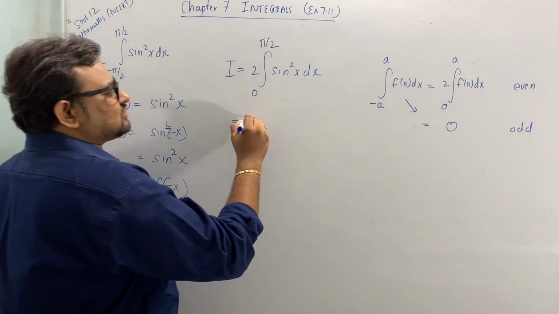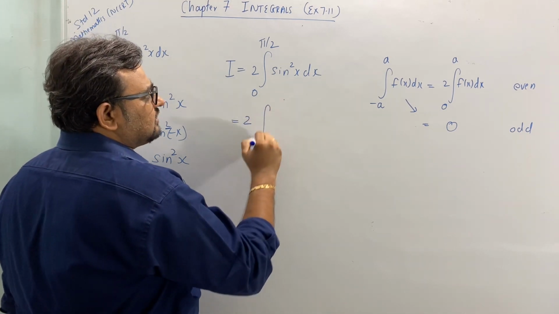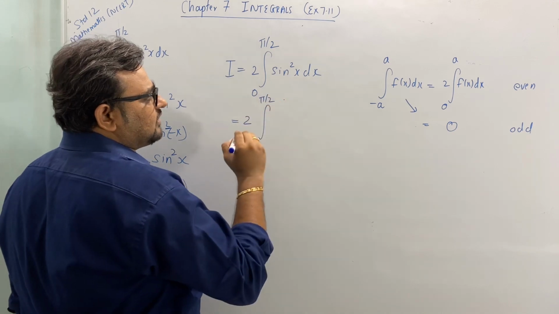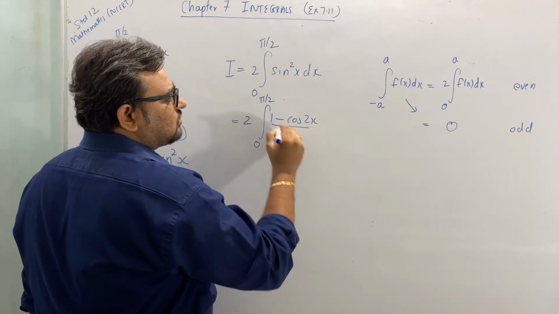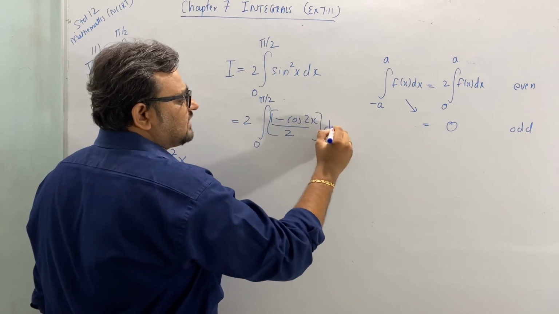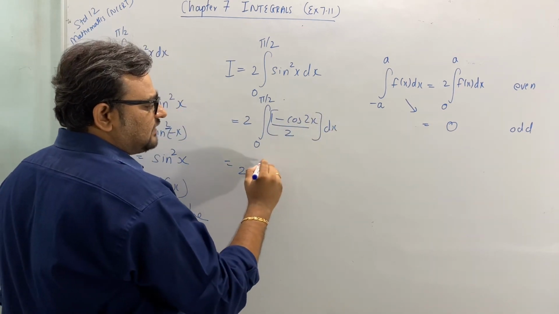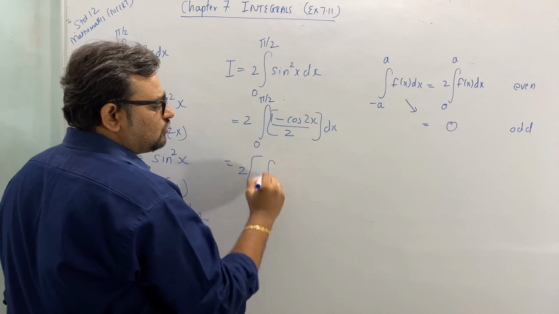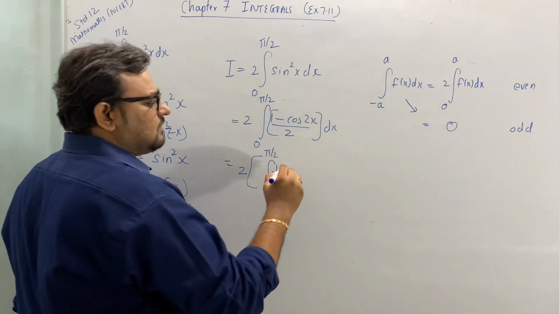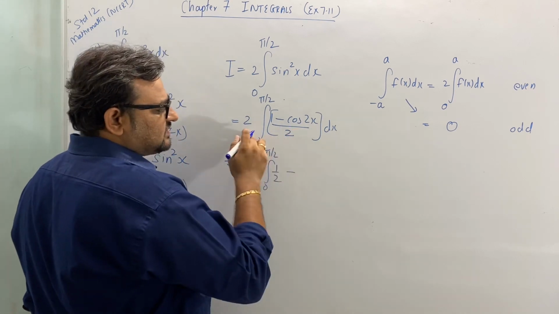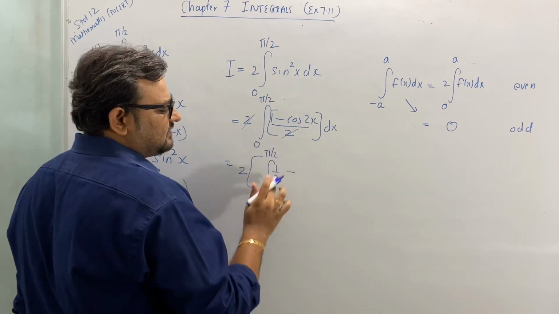So 2 times the integral from 0 to pi by 2 of (1 minus cos 2x) by 2 dx. I can cancel the 2. The integration of 1 is x, minus the integration of cos 2x, which is sin 2x divided by 2, from 0 to pi by 2.